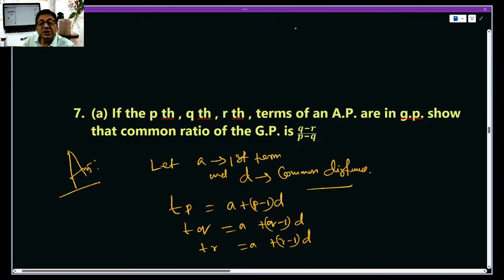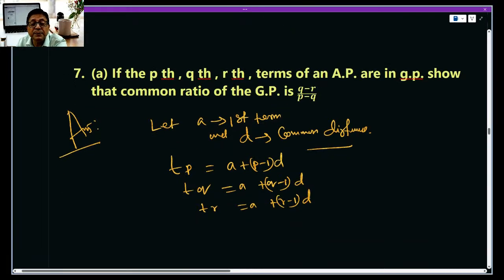Now, these three terms are in GP. Then what is your problem? These three terms are in GP. You have to find the common ratio.